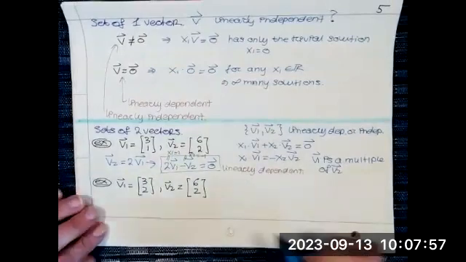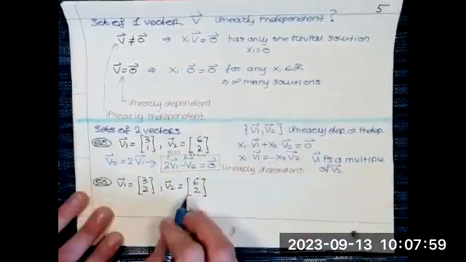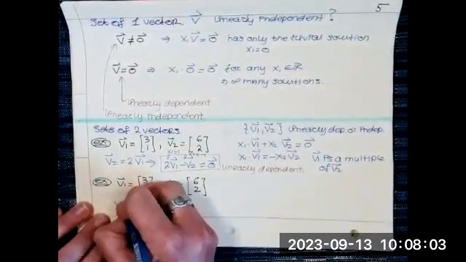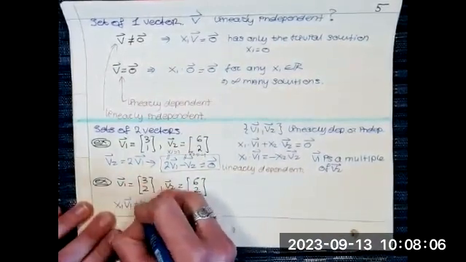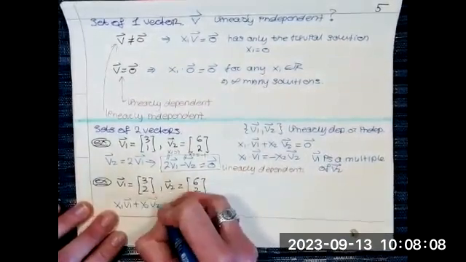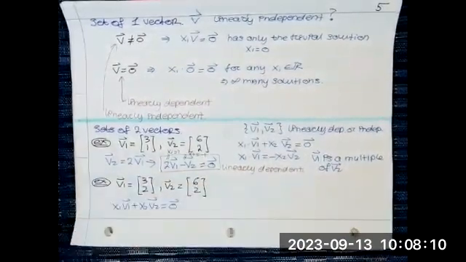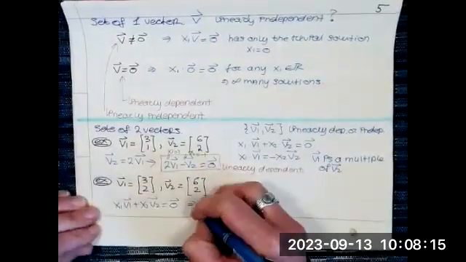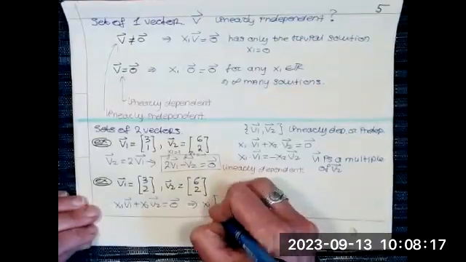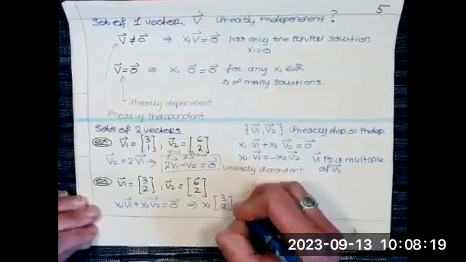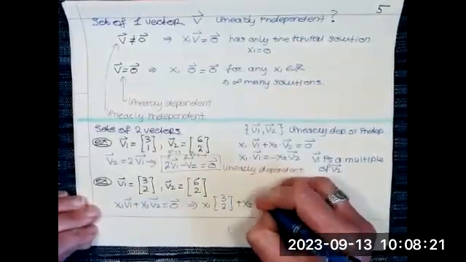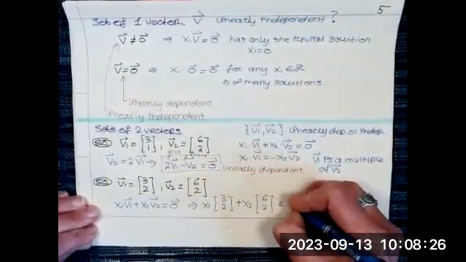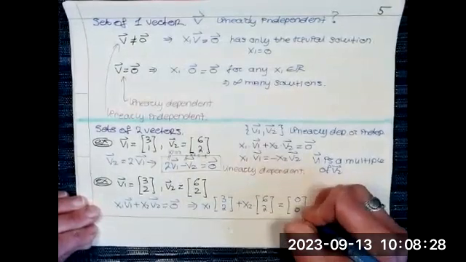So I can start by writing down my possible linear combination, set it equal to 0. So I have x1 times v1 plus x2 times v2 equals 0. If I rewrite this with my vectors, I have x1 times v1, which is 3 and 2, plus x2 times v2, which has components 6 and 2, and this must be equal to 0, 0.